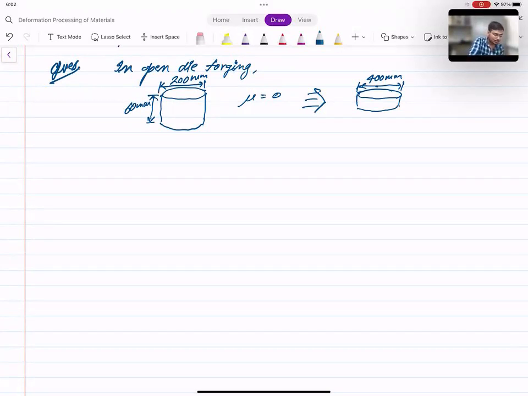So what is the final height? This we need to find. So simply we can apply the volume consistency here and we can get the final height. So how will it be?